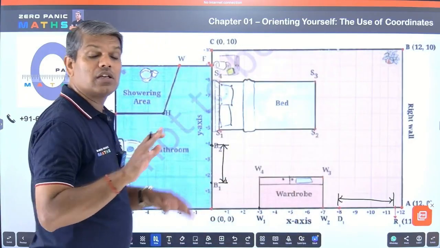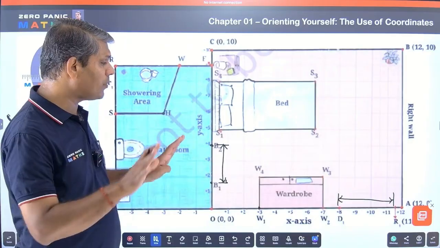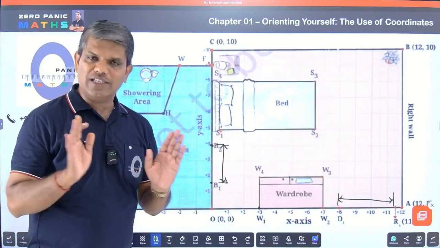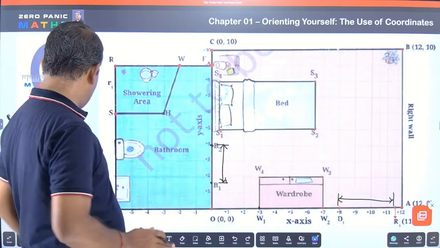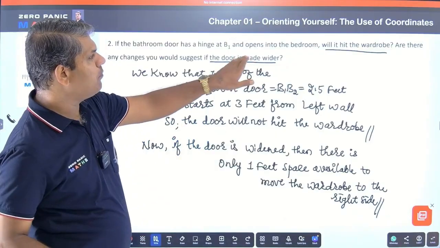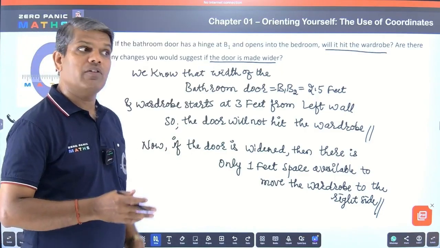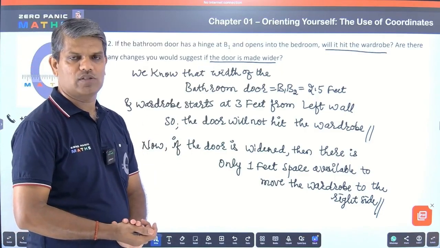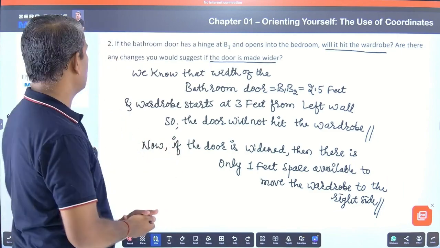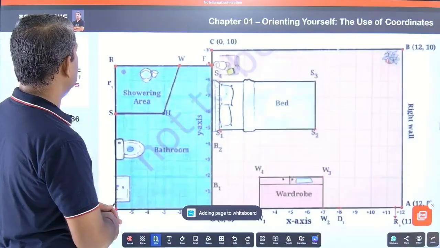So in that case, there are no suggestions, there cannot be any changes. That is the reason I told you that the answer to the second part of this question may differ based on the way you analyze the question. Okay, you understood this? Now let us see the next.